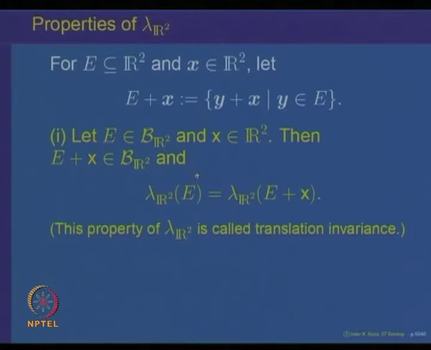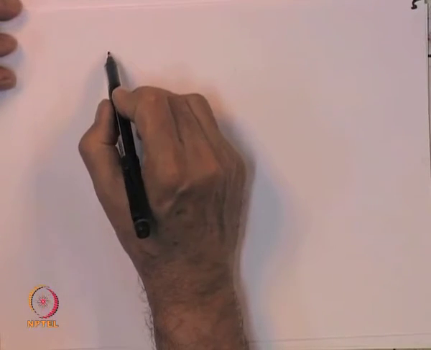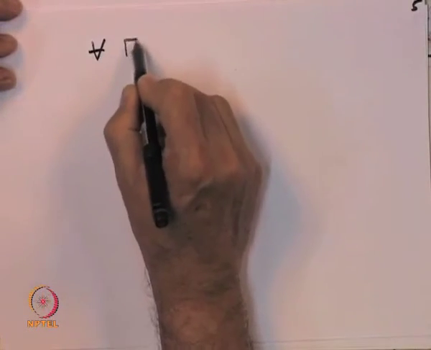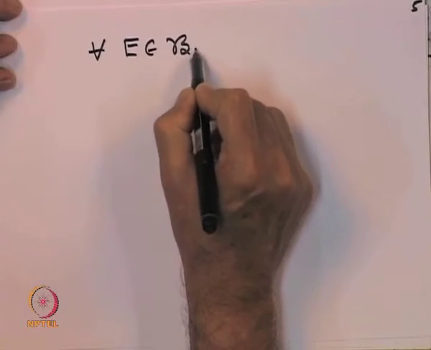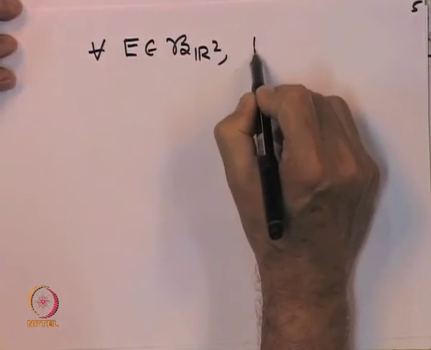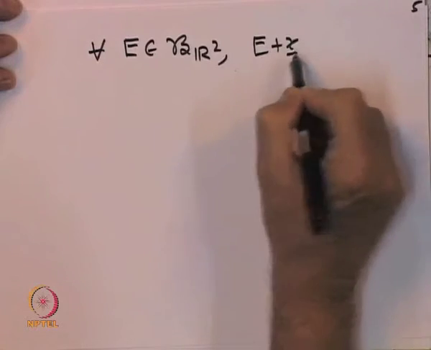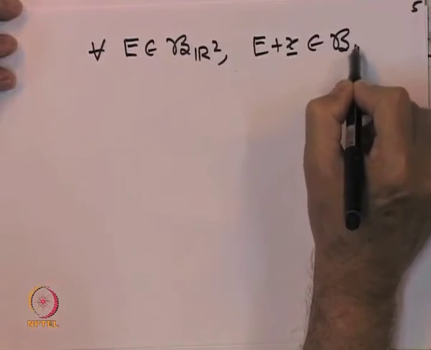Let me illustrate this once again, so that this technique settles down in the mind. We first want to show that for every E a Borel subset of R 2, E plus x is also a Borel subset of R 2.